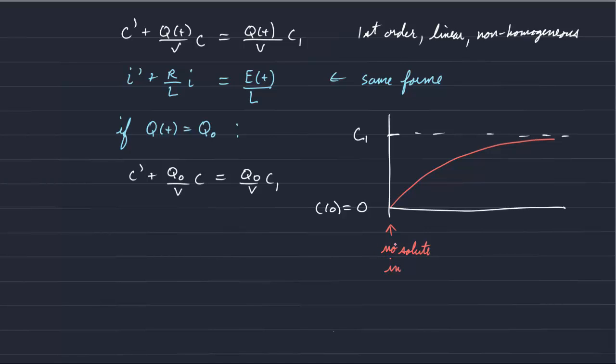So we started off with no solute in our bath, and we ended up with all our initial bath fluid being replaced with our input fluid with concentration C1.